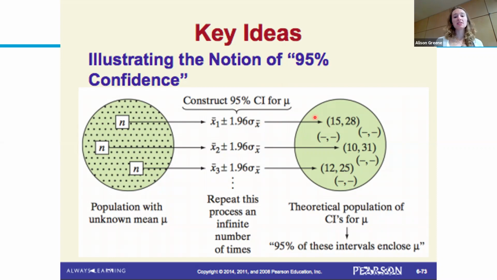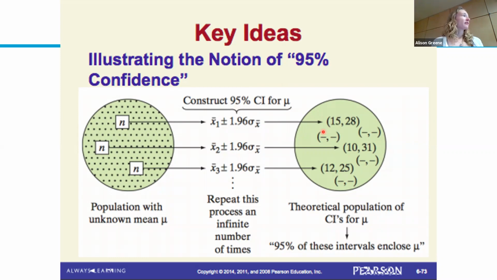In this case, it gave us a confidence interval of 15 to 28. So from the information in this sample and the information about this population, we hypothesized that between the bounds of 15 and 28 lie 95% of our data. We can do this as many times as we want and end up with as many confidence intervals as we want.